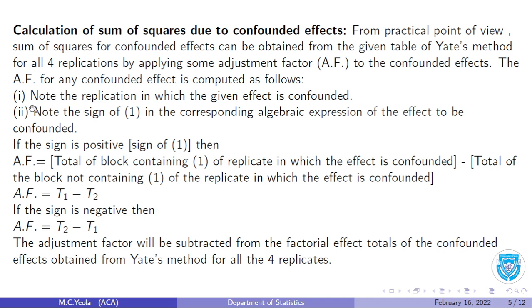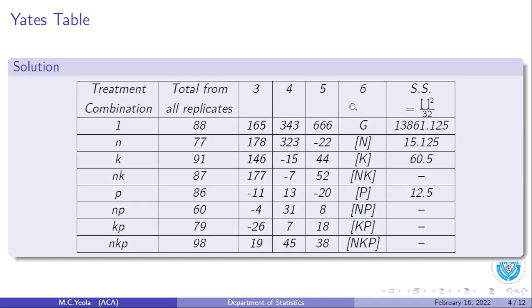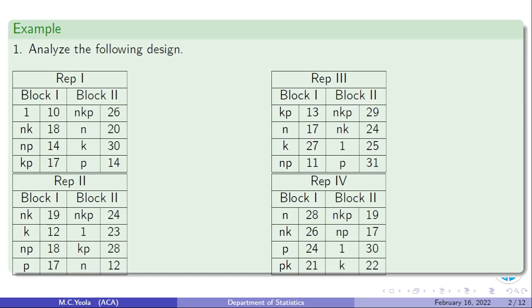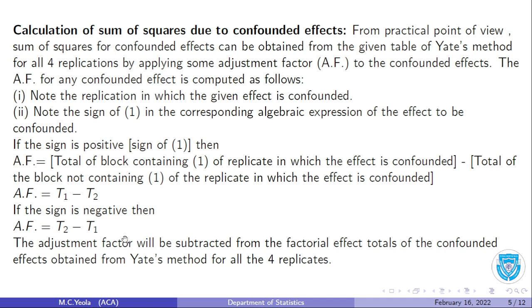Firstly, note the replication in which the given effect is confounded. That means we have to identify in which replication which factor gets confounded. Here, in the first replication NK gets confounded. In such a way we have to note down which factor is confounded in which replication. That is the first thing.